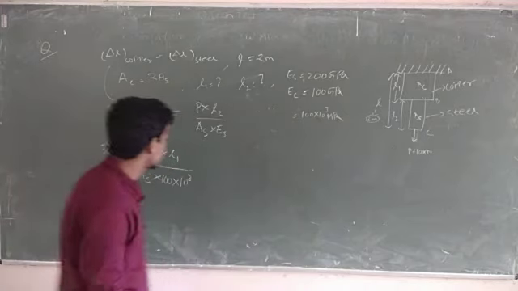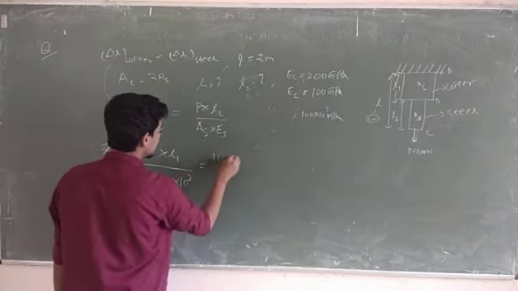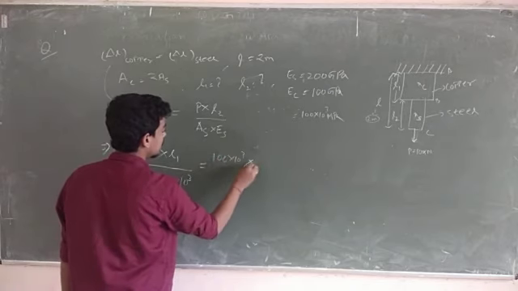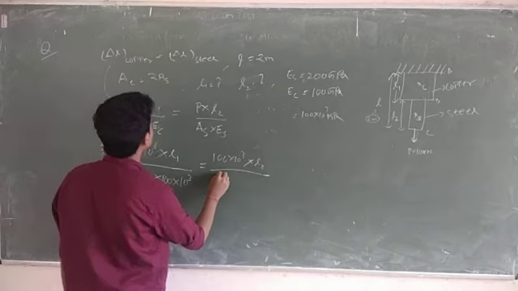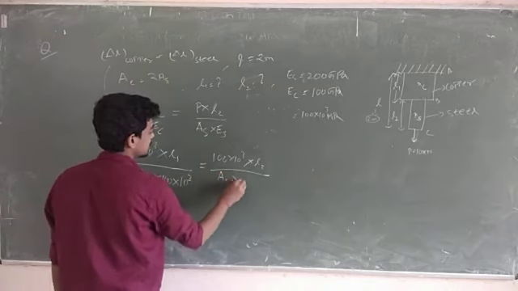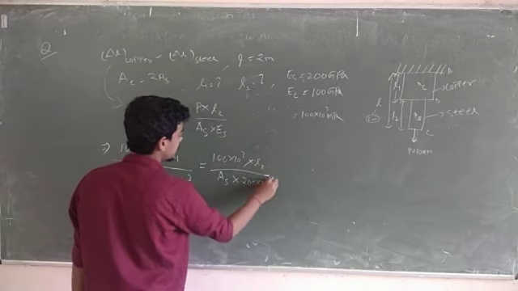Let's put P, that is 100 into 10 to power 3. L2 is given, area of steel, just put it like this, ES is 200 into 10 to power 3 megapascal.